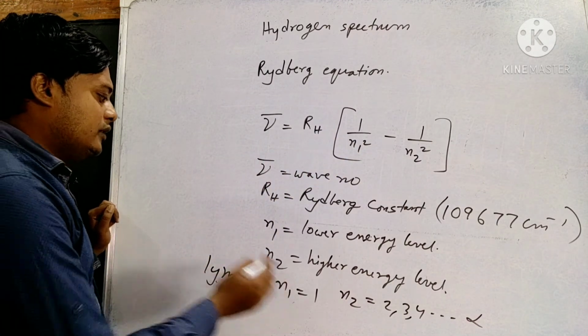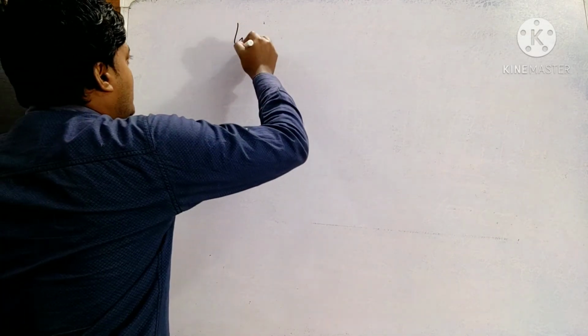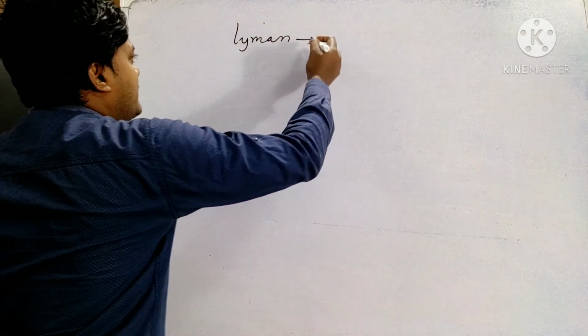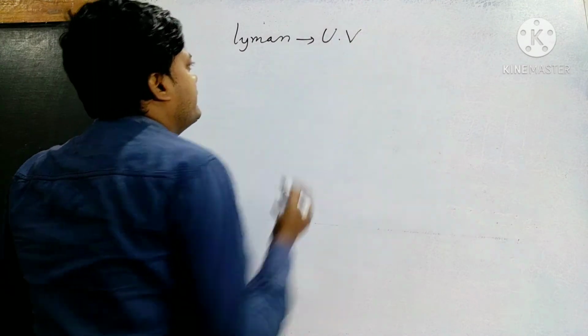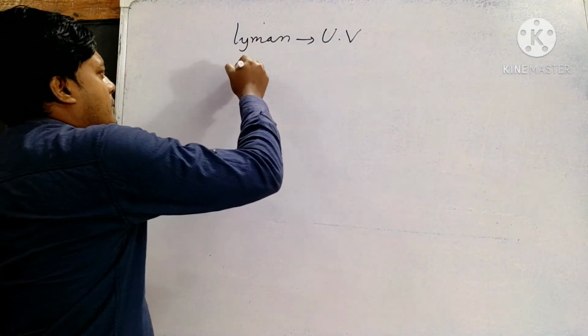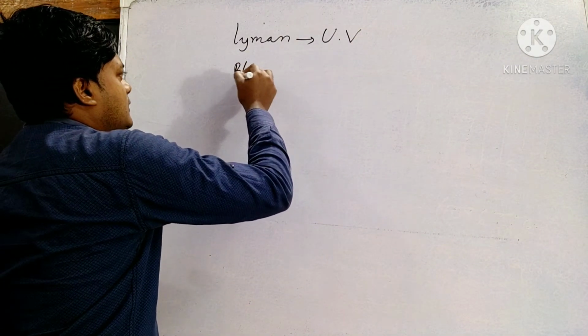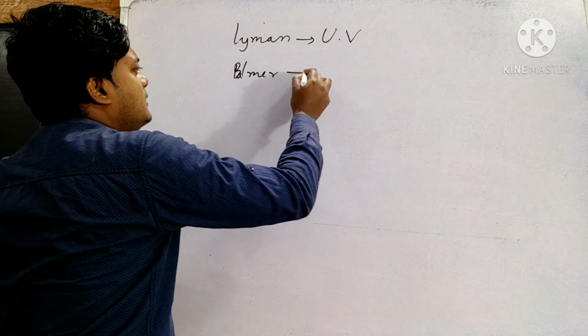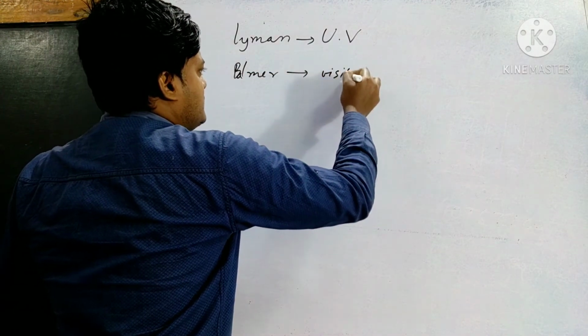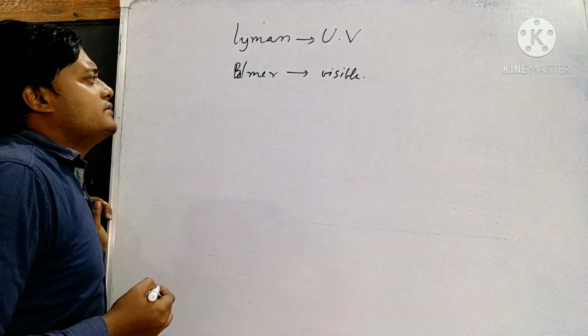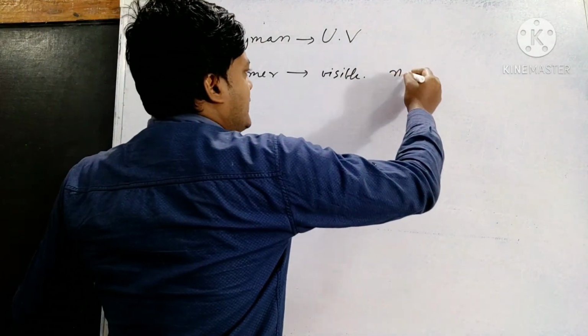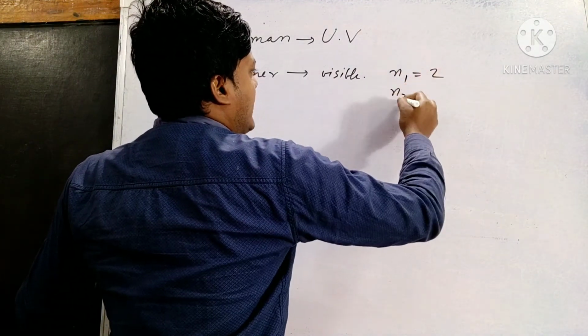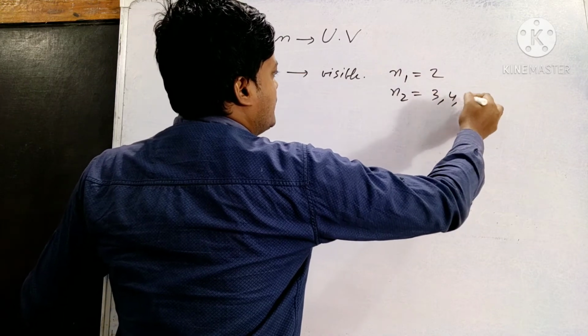For Lyman, n1 equals 1, and Lyman lies in the UV region. Balmer lies in the visible region. In the case of Balmer, n1 equals 2 and n2 equals 3, 4, 5, and so on.